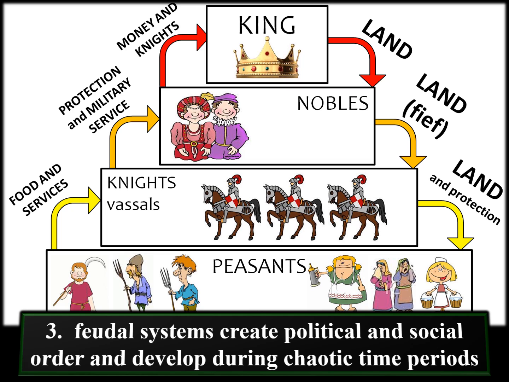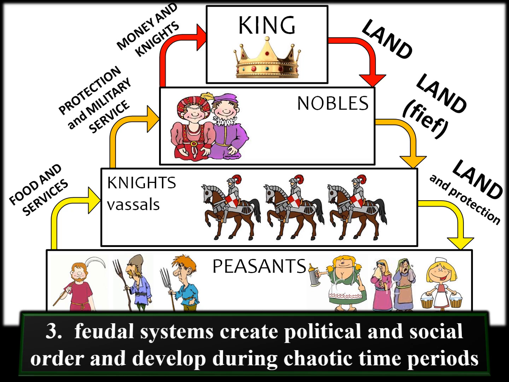Instead, the power is sort of delegated out to other individuals, and ultimately it creates what is known as the feudal system. This political and social order develops during these chaotic time periods that we see during the early Middle Ages, or the Dark Ages. And if you see here, this is kind of how it works.